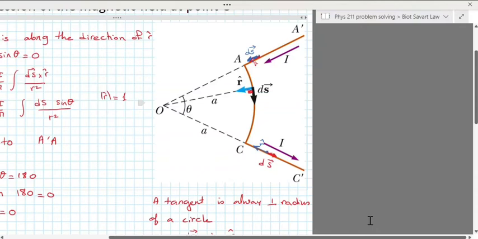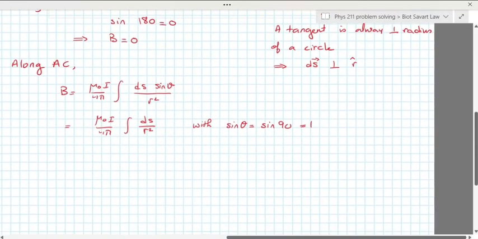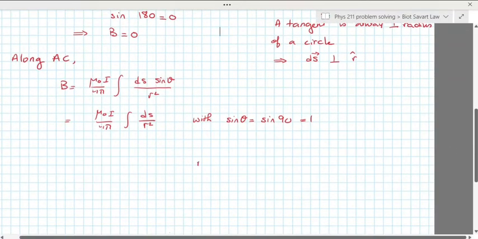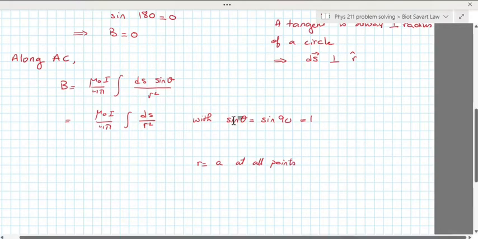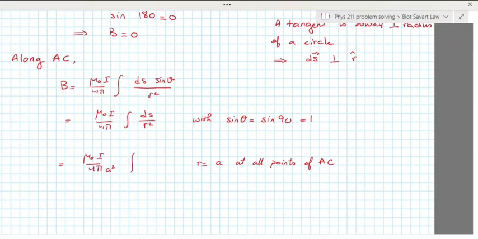Whatever point you take along AC, the distance to the point O will always be equal to the radius, which is A, the radius of the arc that we are considering. So r equals A at all points of AC, and thus we can take A squared outside the integral.